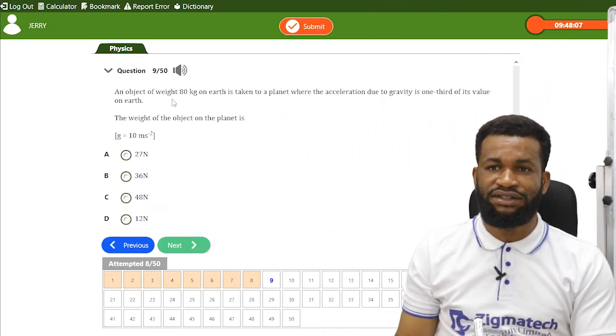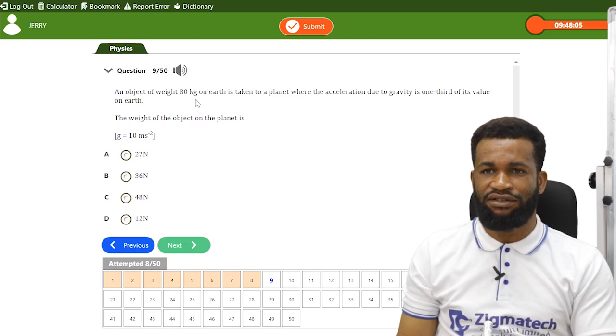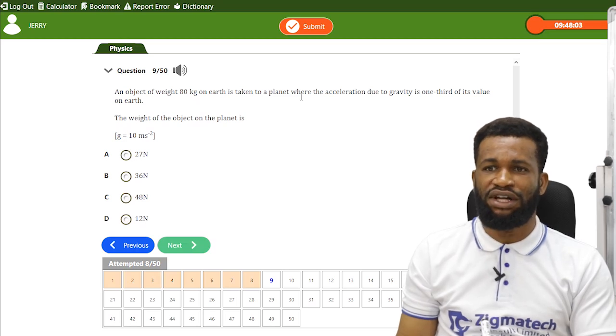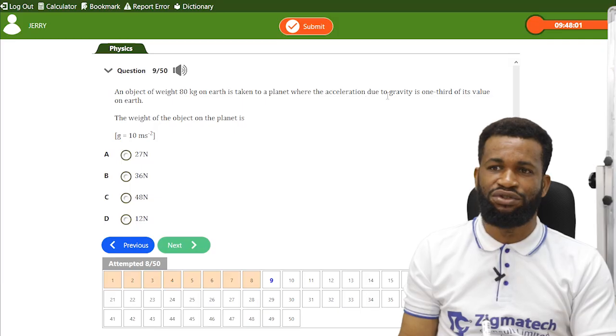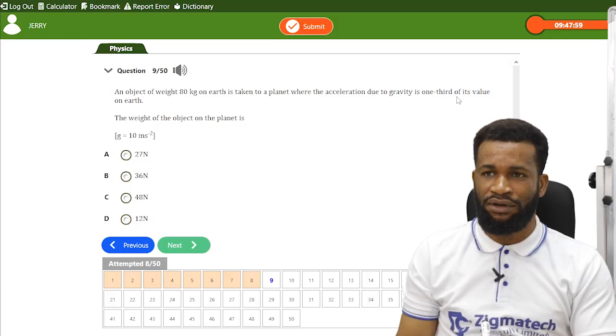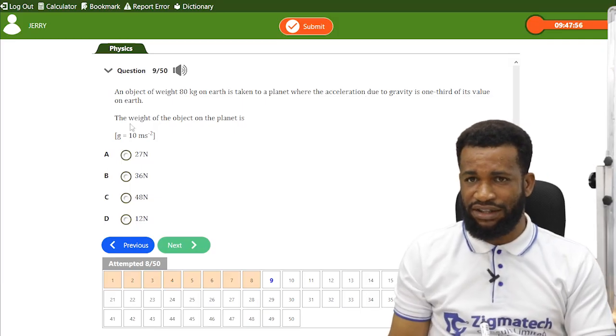An object of weight 80 kilogram on Earth is taken to another planet where the acceleration due to gravity is 1/3 of its value on Earth.